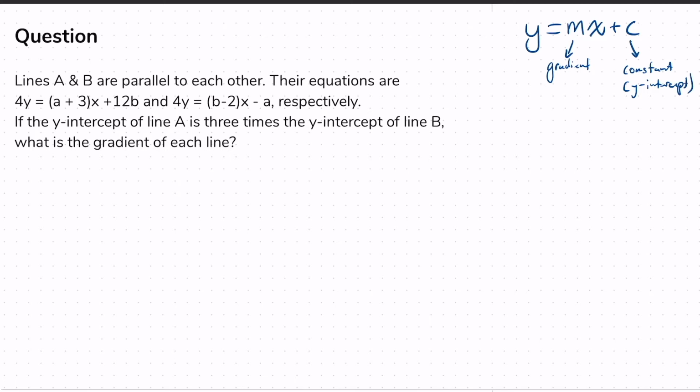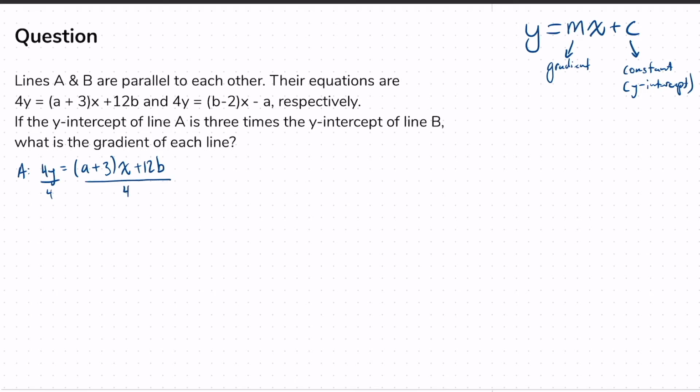Well, for this first one, for a, we have 4y equal to... I'm going to divide both sides by 4.